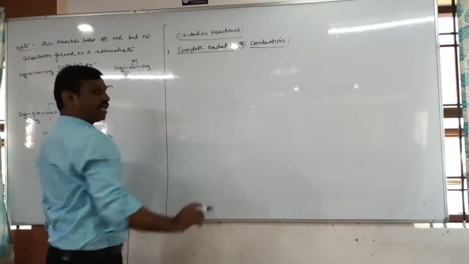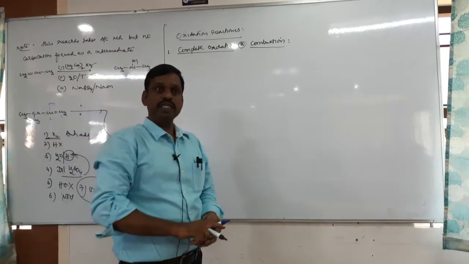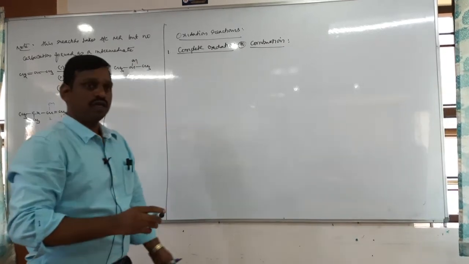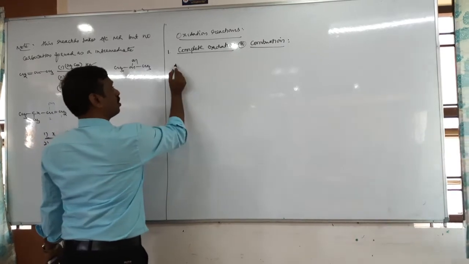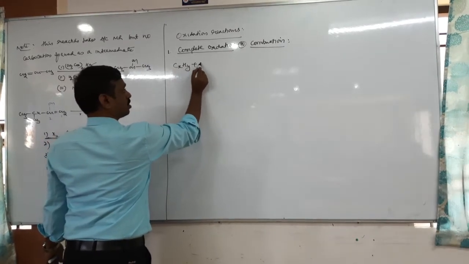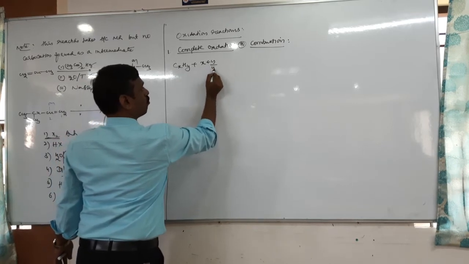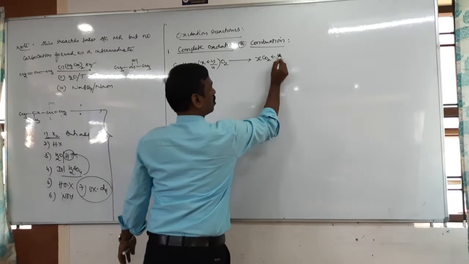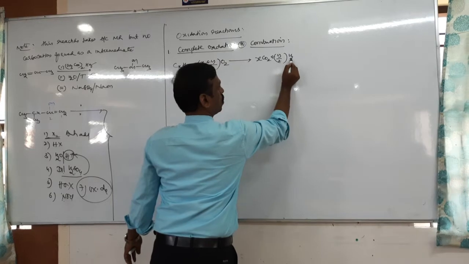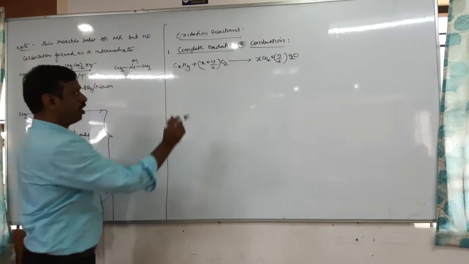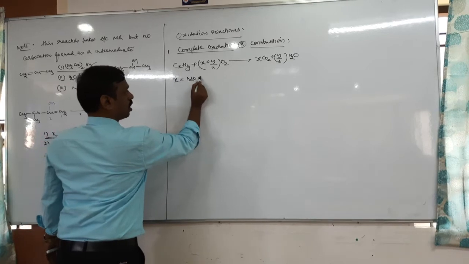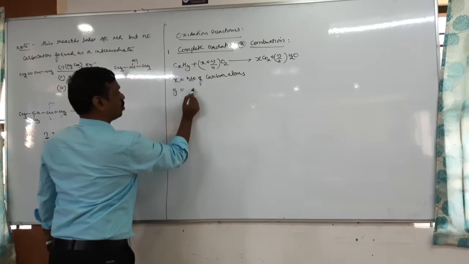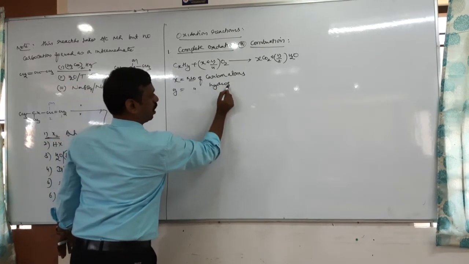Then for alkane, alkene, alkyne and benzene, particularly hydrocarbons, there is a common reaction or general equation. What is the general equation for combustion? CxHy plus (x plus y by 4) O2 gives rise to x CO2 plus y by 2 H2O, where x equals the number of carbon atoms and y equals the number of hydrogen atoms.